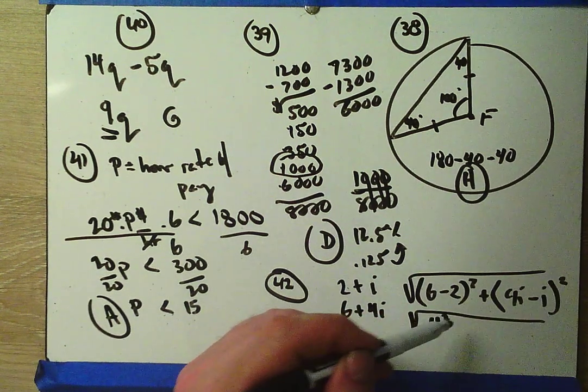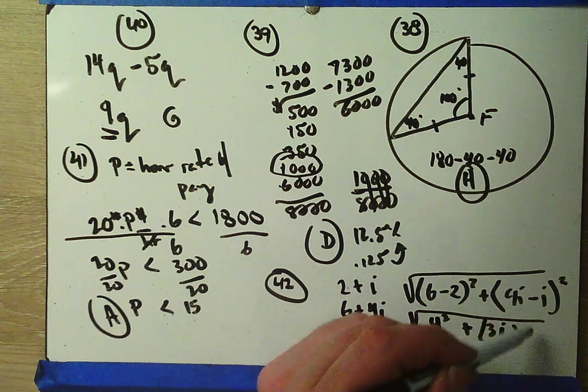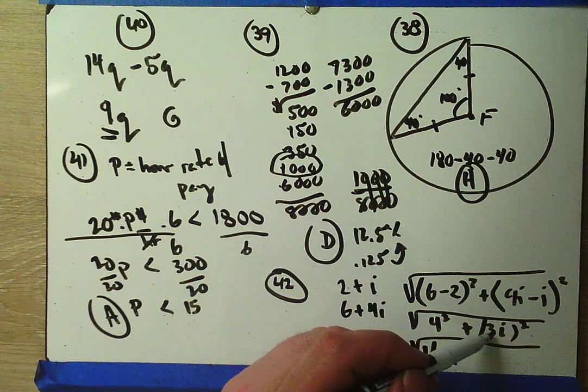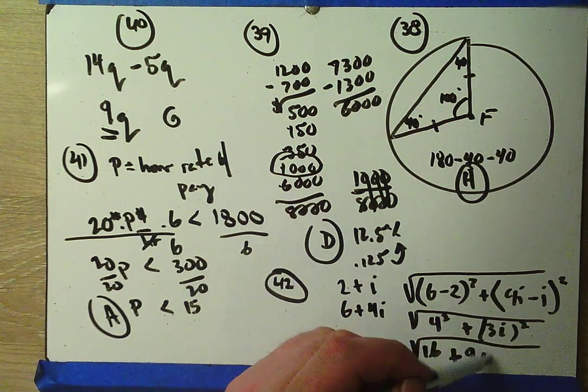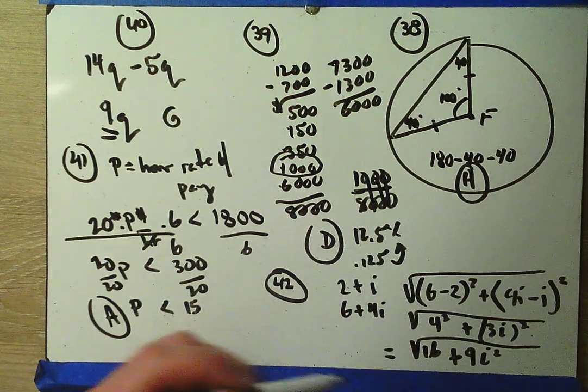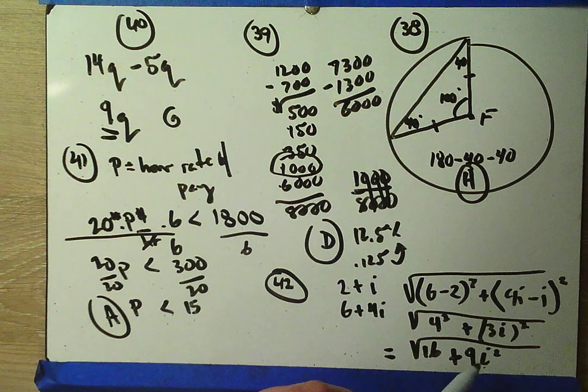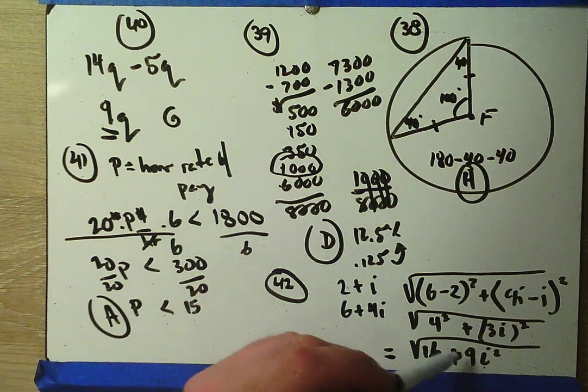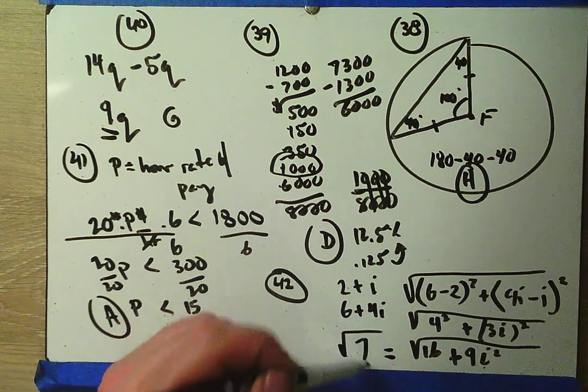That's going to be the square root of 4 squared plus 3i squared, which is the square root of 16 plus 3 squared is 9, i squared. Remember what i squared was from chapter 2? i squared is -1. -1 times 9 is -9 plus 16 is square root of 7.